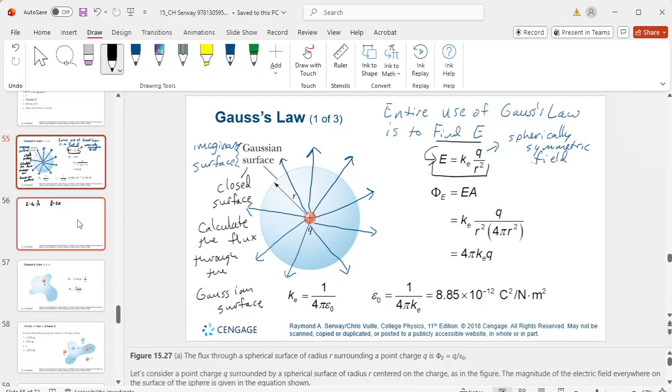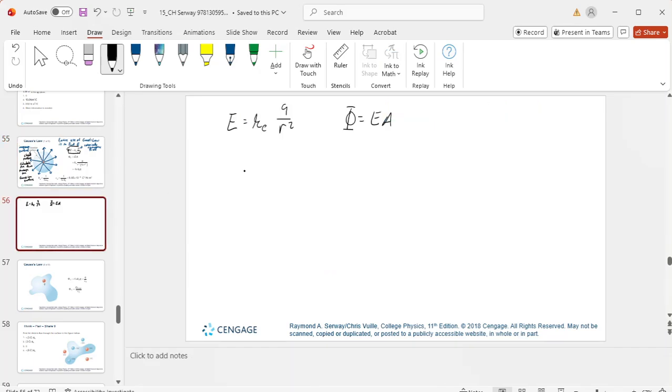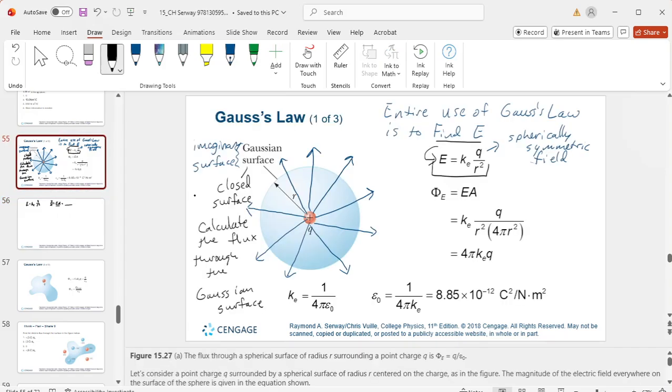What we're going to do is develop an equation that allows you to set EA equal to something, and then that equation, what we're about to develop, will be true for any situation, not just spherical point charges.